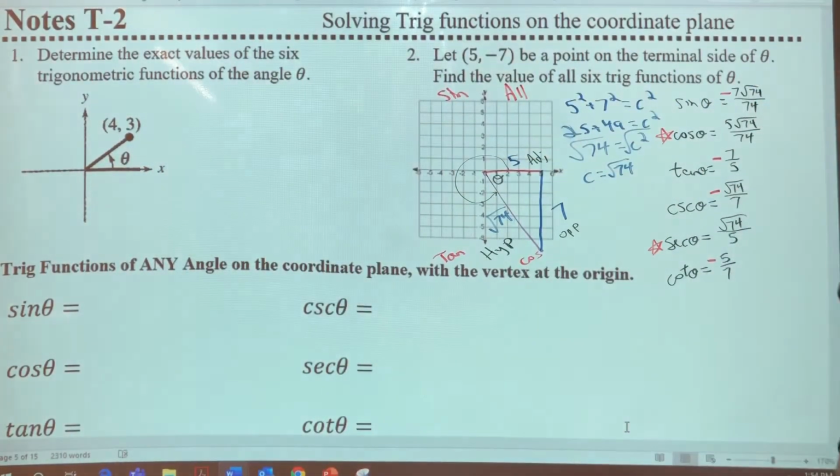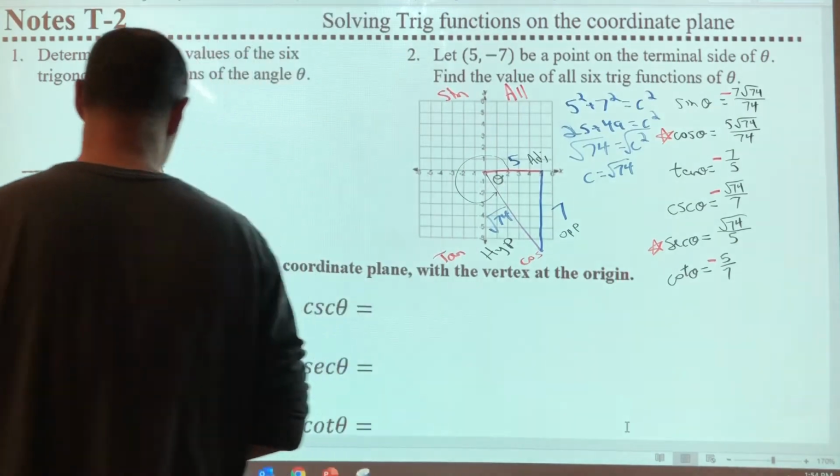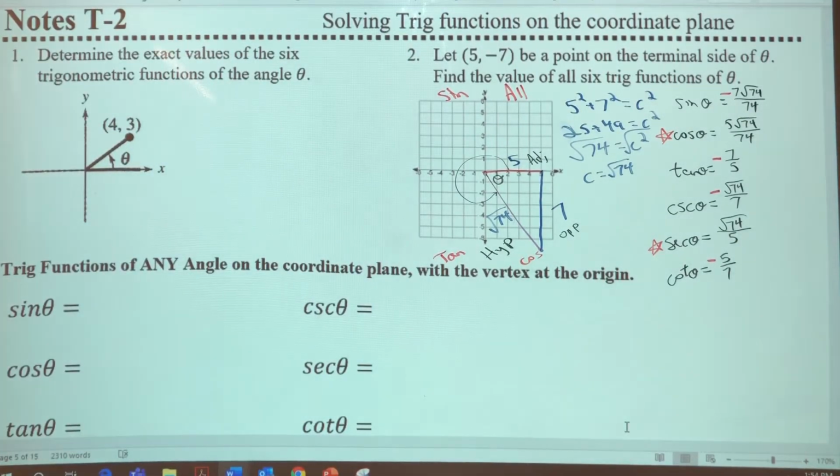Alright, we're going to talk about trig functions of any angle on a coordinate plane with a vertex at the origin. So if the vertex is at the origin, and we know the terminal side of an angle, then we'll be able to use these trigonometric values. The first value we're going to use is y.